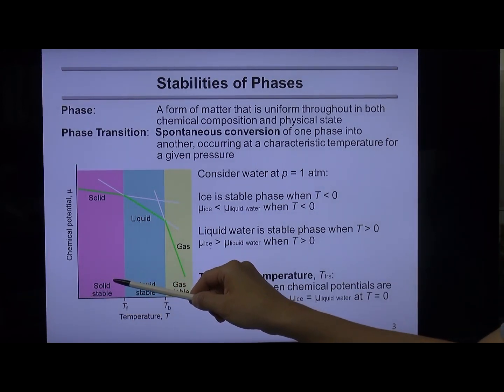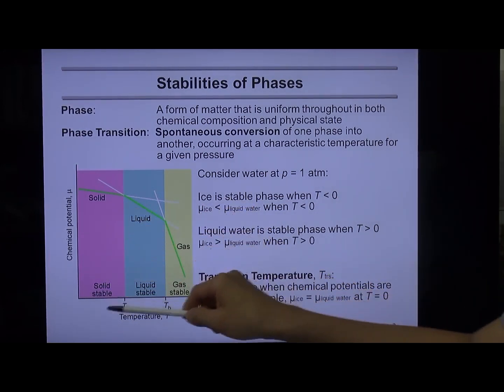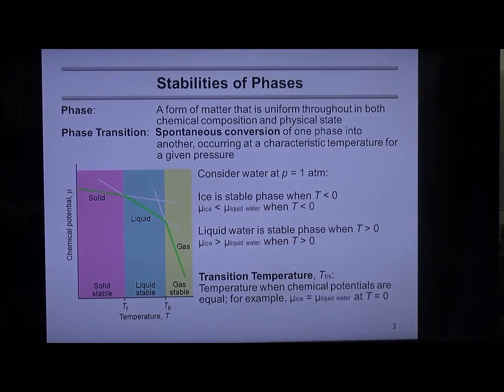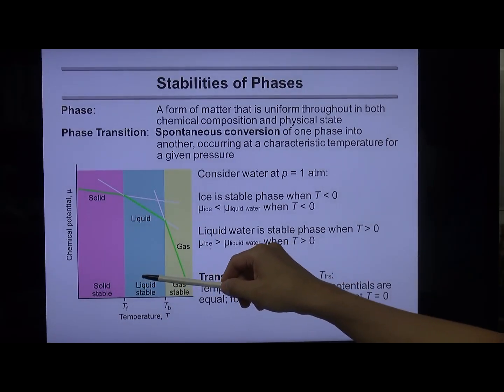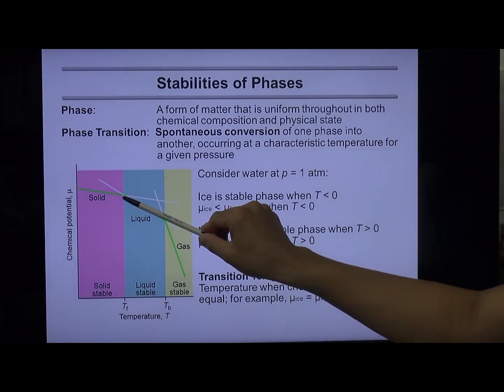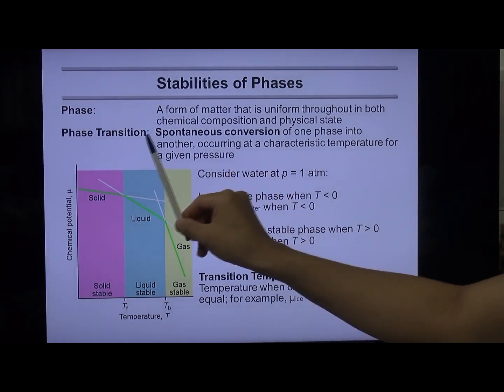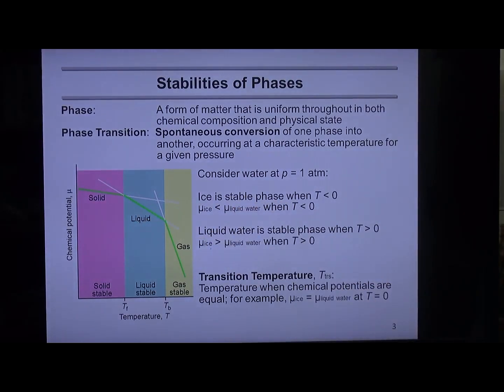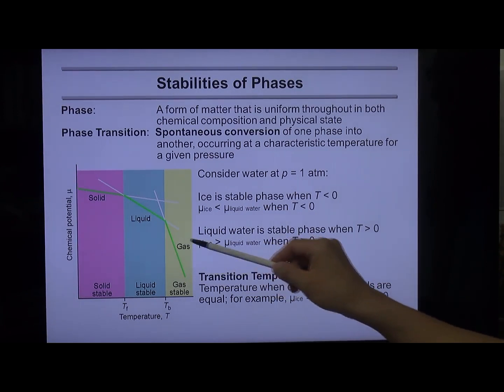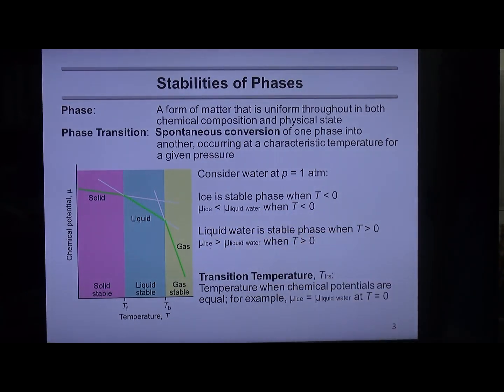So, at low temperature, solid is the most stable phase. How about here, in the middle? Liquid has the lowest chemical potential, so liquid is the most stable phase. Similarly, at high temperature, gas is the most stable phase.